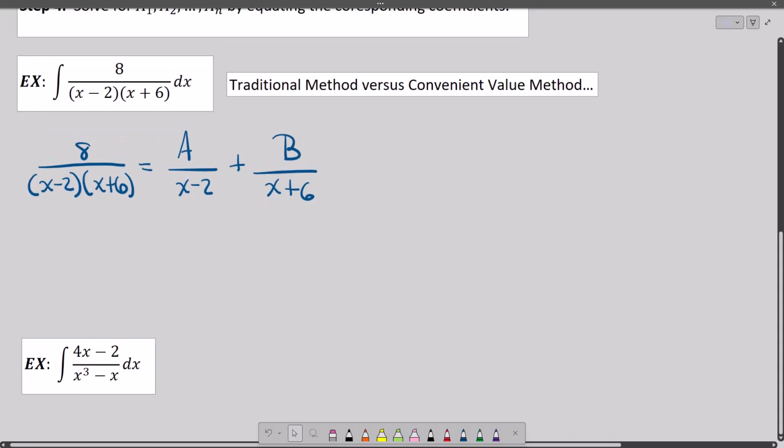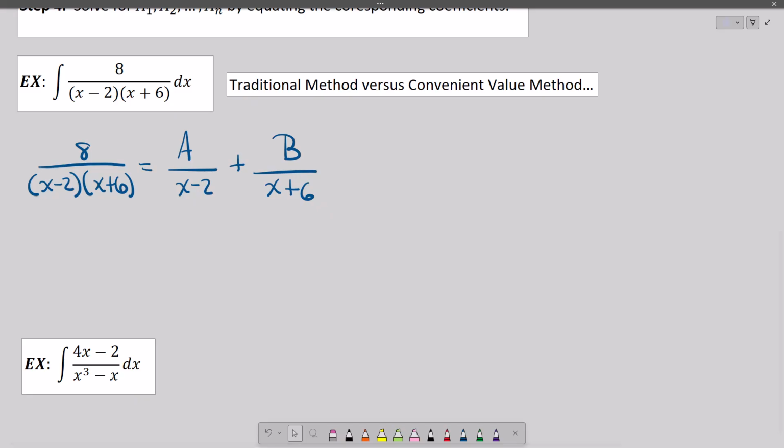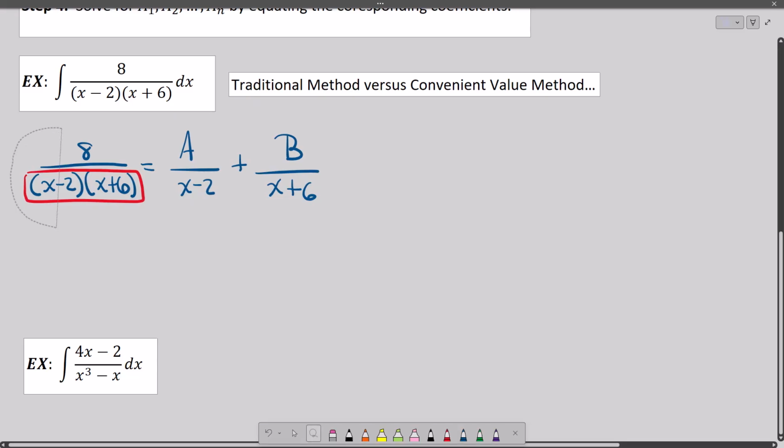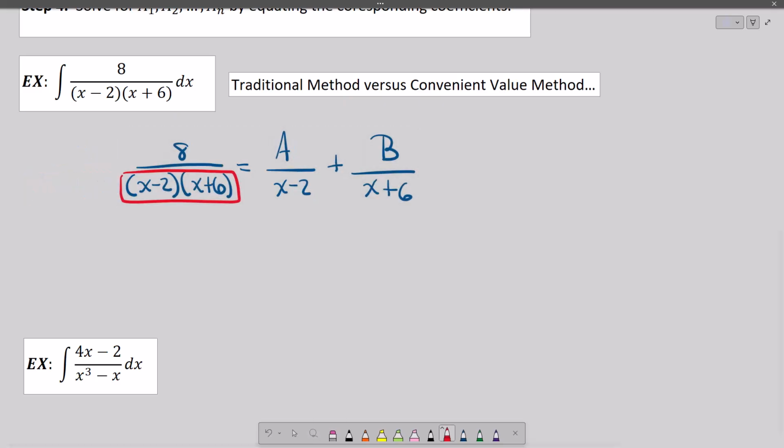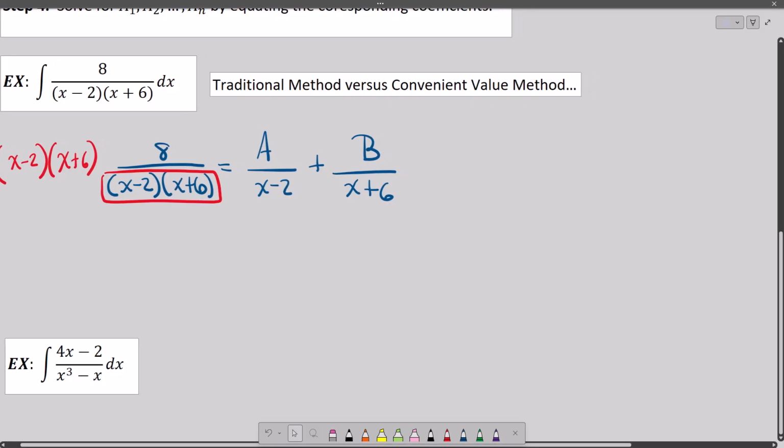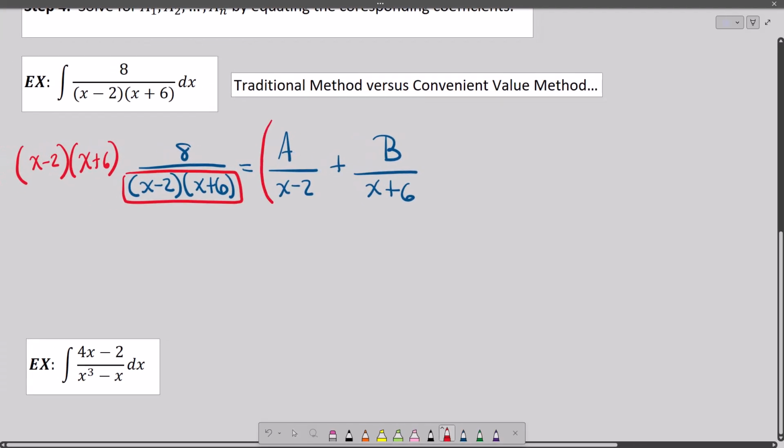Okay, so there is our PFD. We've partially decomposed it. Now we need to find A and B. So we're going to clear the fraction. We're going to multiply both sides by the denominator on the left, x minus 2 times x plus 6, and multiply this whole side by the same thing.